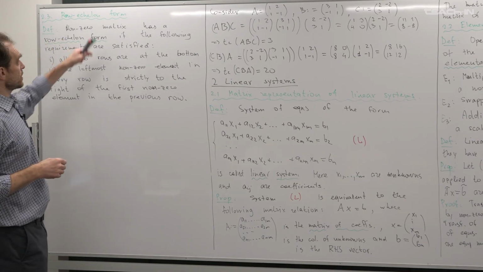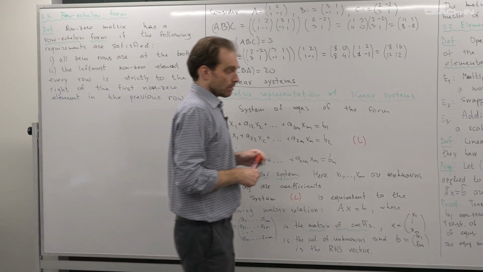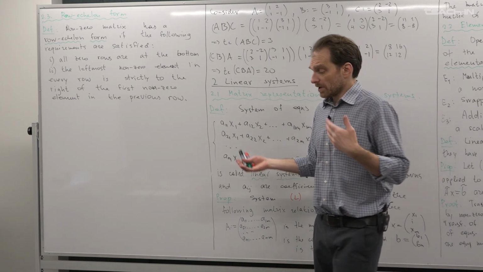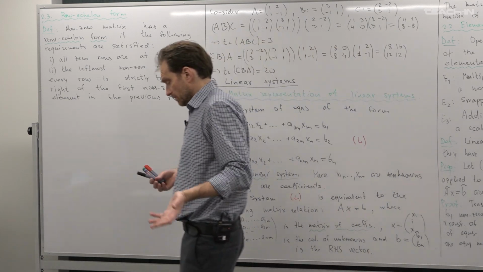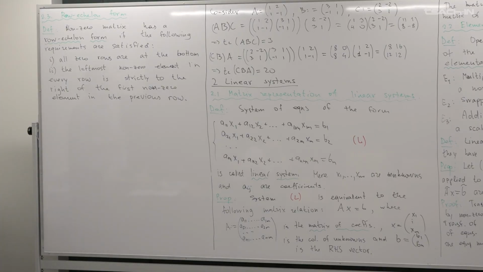Then, I wrote here that a non-zero matrix has a row echelon form, but we can call a zero matrix also a row echelon form. This also depends on the terminology, but we will not need zero matrices in our considerations, so I just tried to exclude them, but that's not essential.